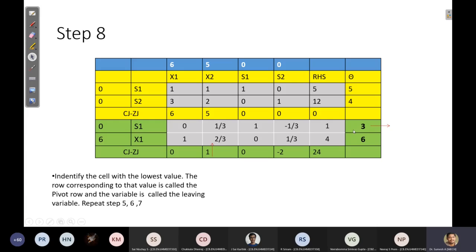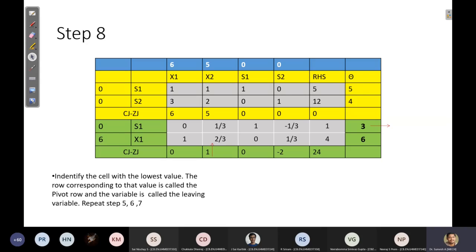Now, which variable will replace in the next iteration? S1, sir. S1 will be replaced by what? X2. Yeah, correct. And what about X1? X1 should remain the same, or it should be replaced with S2?